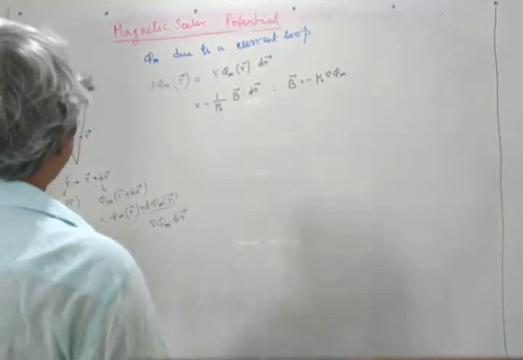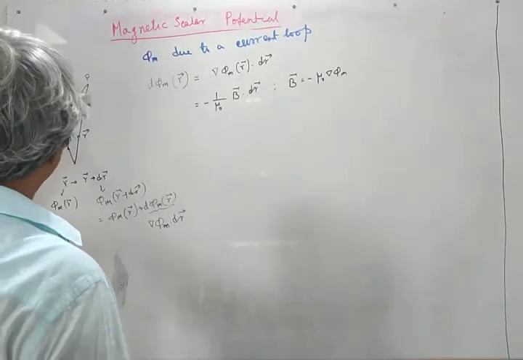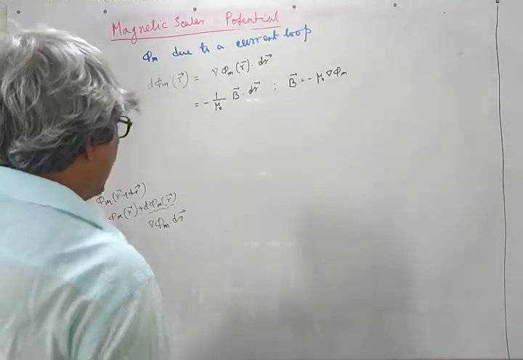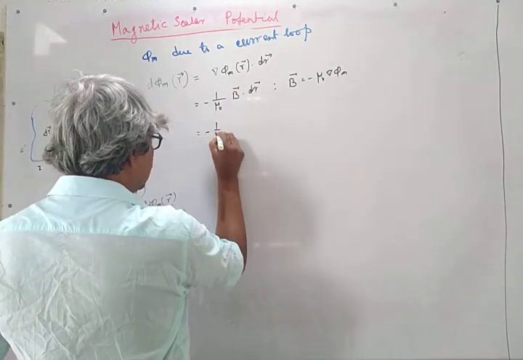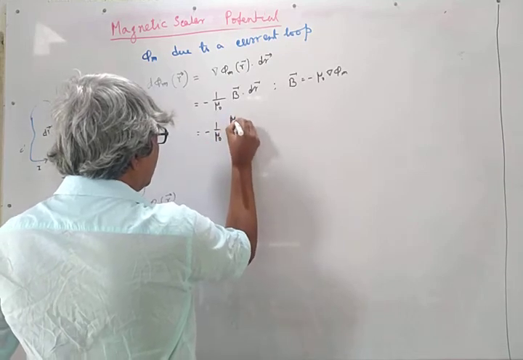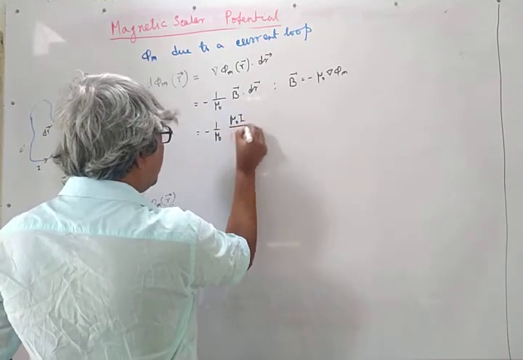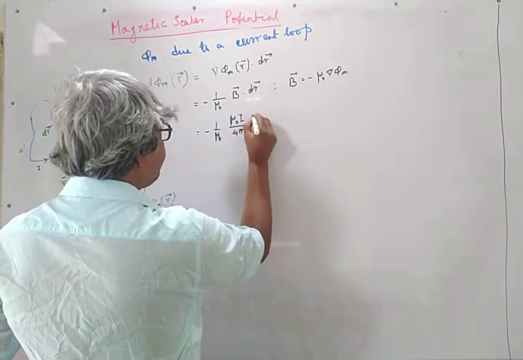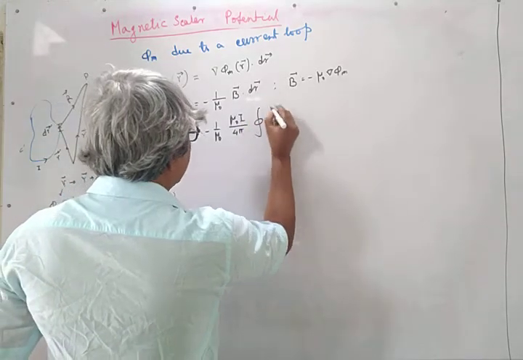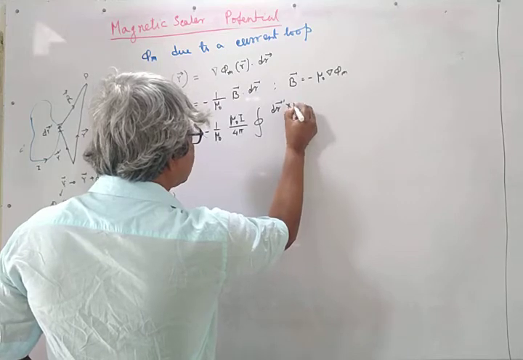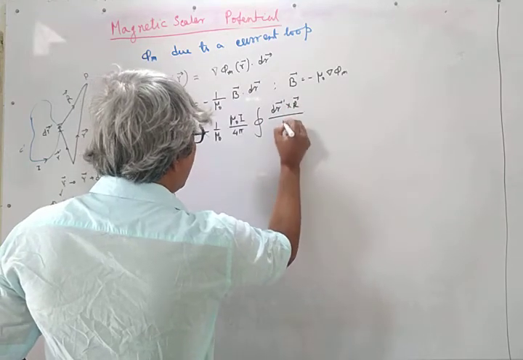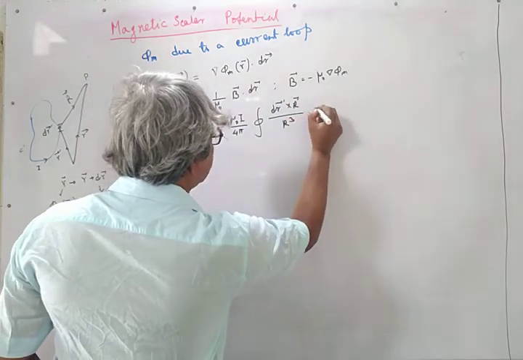Here B is the field at P due to this current loop. So according to the Biot-Savart law, we replace it by mu 0 I upon 4 pi integration dr prime cross R by R cube times dr.